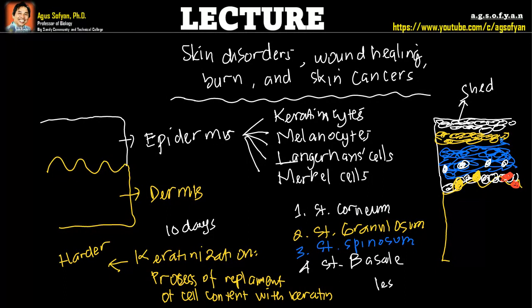This abnormality is called psoriasis. Psoriasis is keratinization that goes faster than normal, and usually you will see flaky skin on people who have psoriasis.